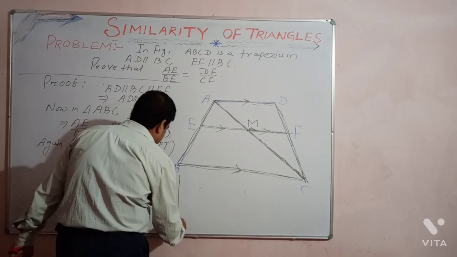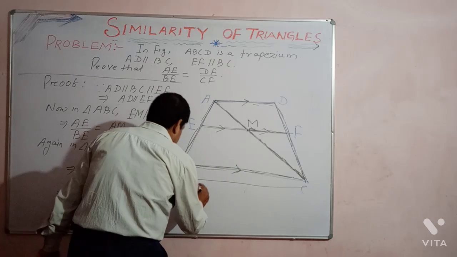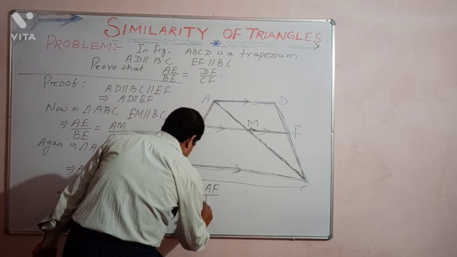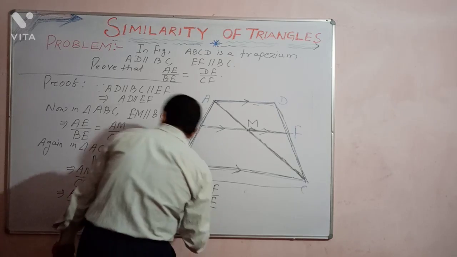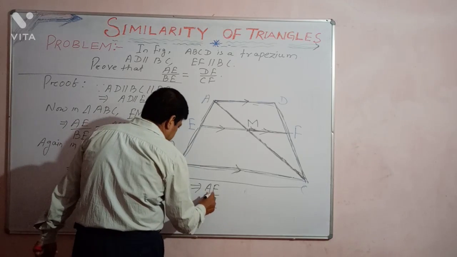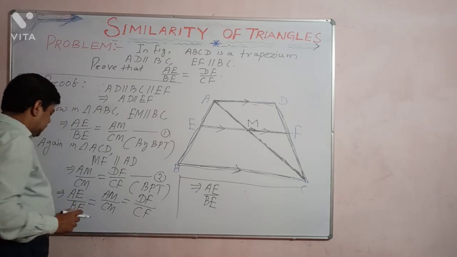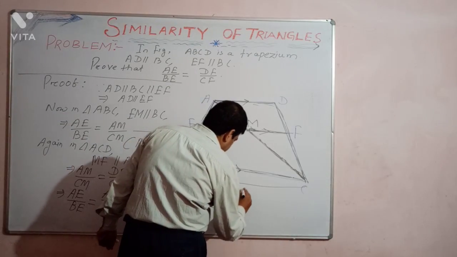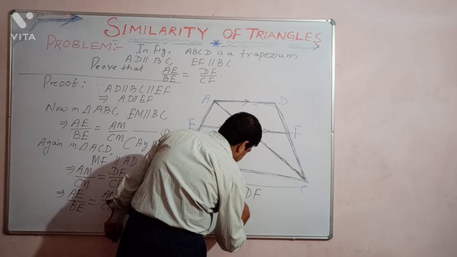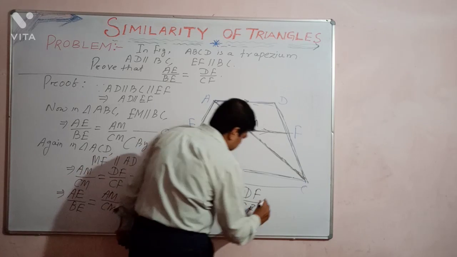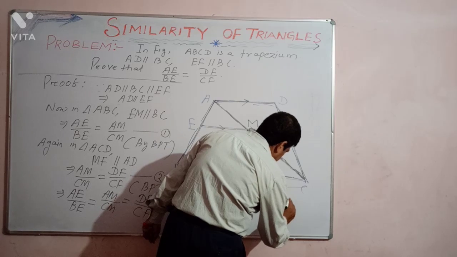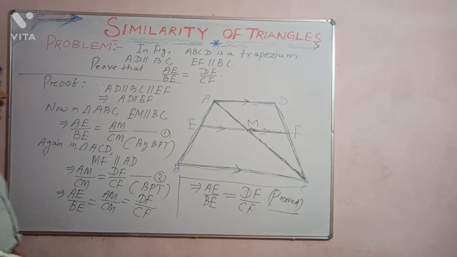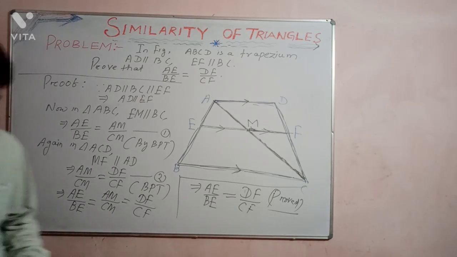So it is clear that AE upon BE is equal to DF upon CF. This is what we have to prove. Okay, if you understand, this is what we had to prove. Is it clear?